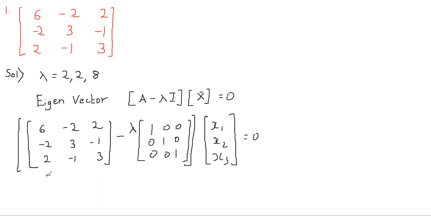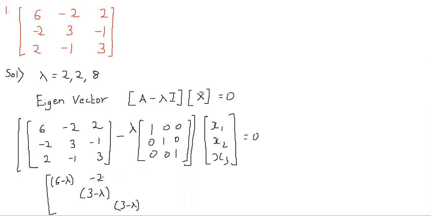Write in the diagonal first 6 minus lambda, the second one 3 minus lambda, and the third one 3 minus lambda, and for the remaining entries, minus 0 leaves the same number, so we write them as it is.